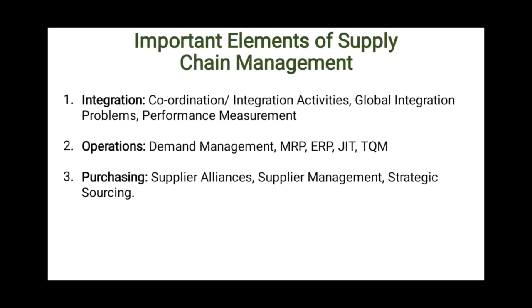This often means staying ahead of the process so that you have everything you need on hand well before you actually need it. Without the right purchasing personnel, you could end up running out of the material you need, delaying production, or you could overbuy and strain the company's budget. So this includes supplier alliances, supplier management, strategic sourcing, etc.